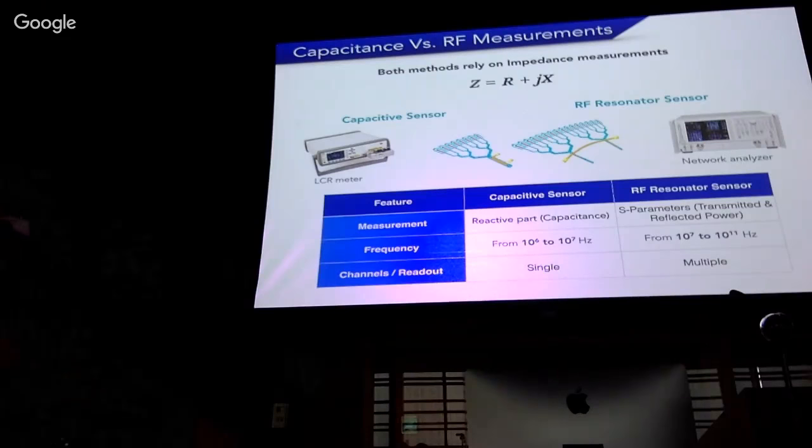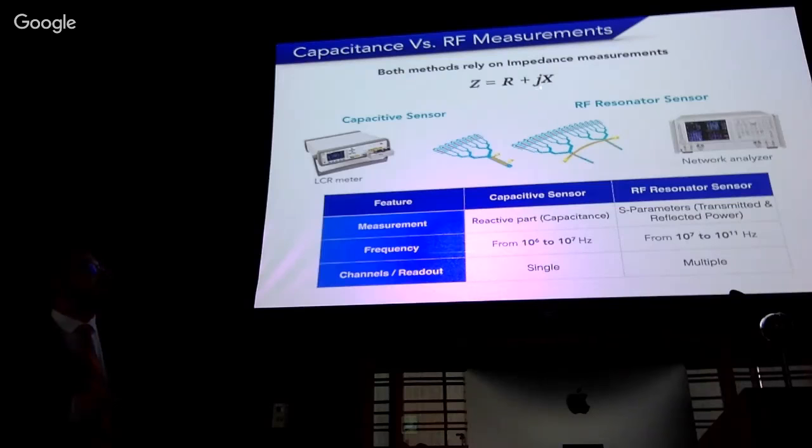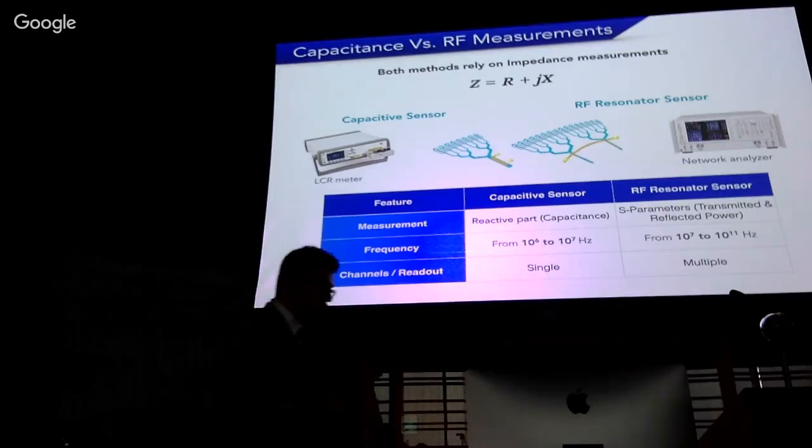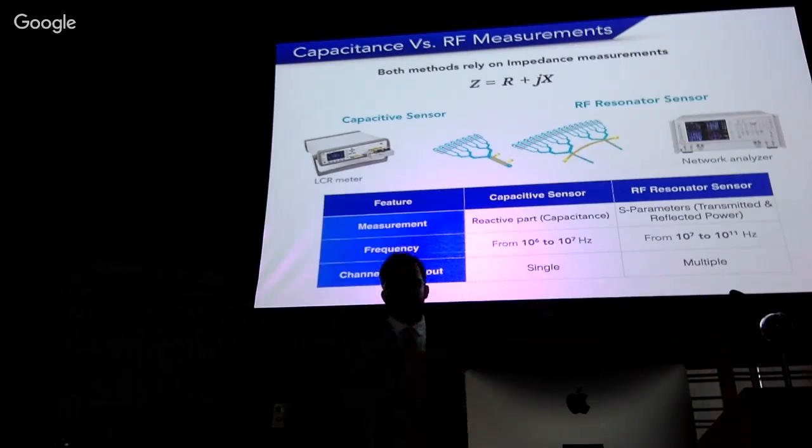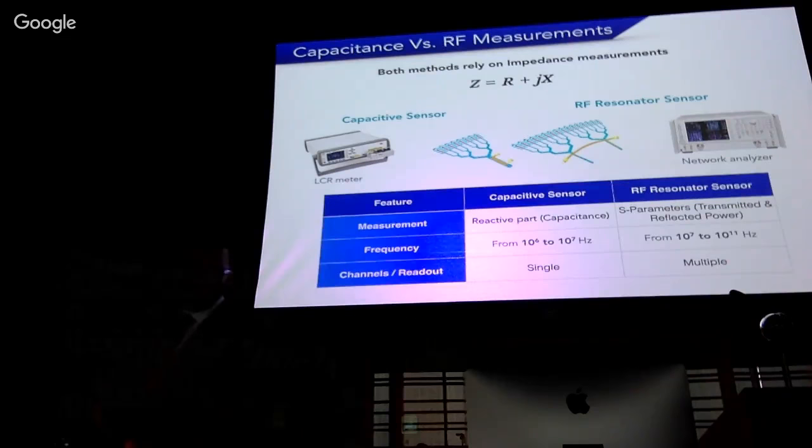For the RF resonators, or the RF sensors, at RF frequencies you cannot really measure this impedance; instead you measure the S parameters, which is power reflected and transmitted from one port to another. And the advantage is that you can measure the dielectric properties at much higher frequencies, in the gigahertz range, and you can integrate multiple of these sensors in a single readout.